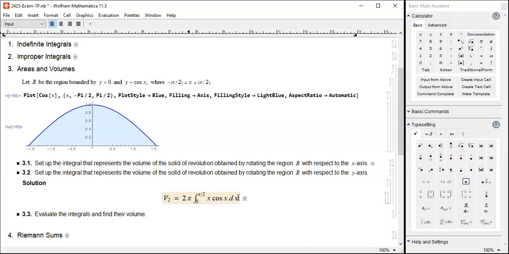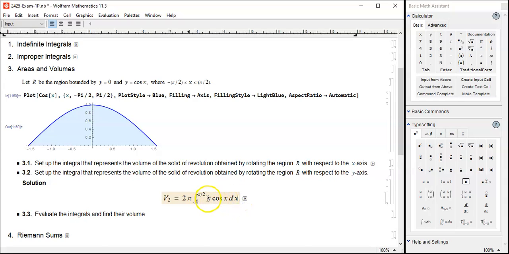If it is a vertical line, some further adjustment is necessary to this part, but I kept it simple. This is an exam, so I didn't really have to go through all the details, just like homework problems. So I just kept it simple. So 2 pi, all right, and then the radius is the x-coordinate.